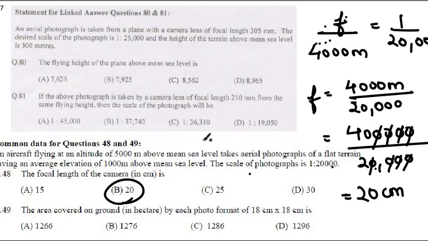The area covered on ground in hectare by each format of 18 centimeter into 18 centimeter is. Now they have given the scale and they are asking the photograph area.